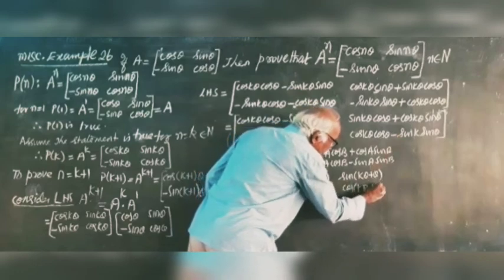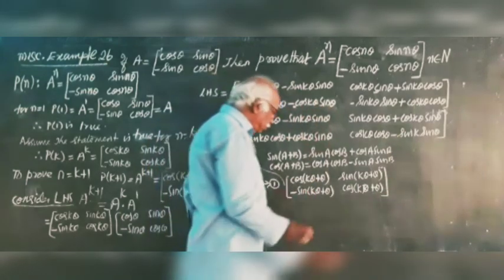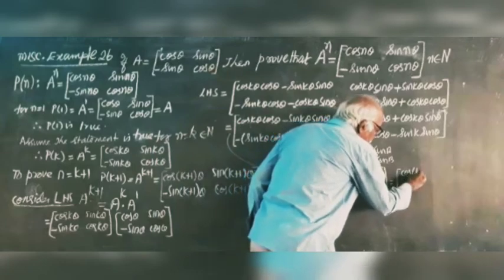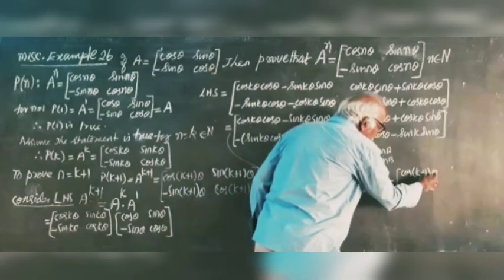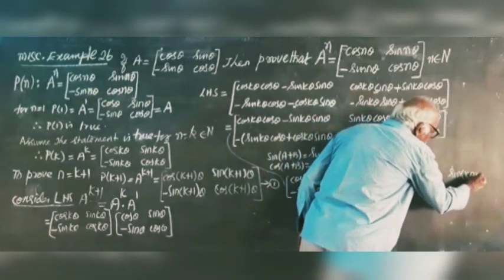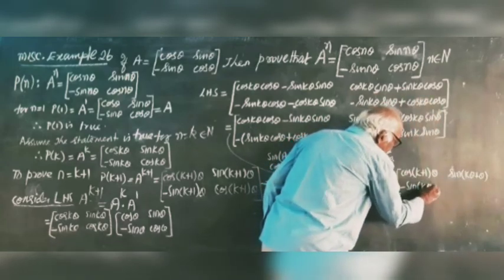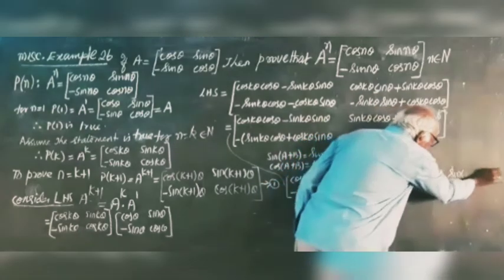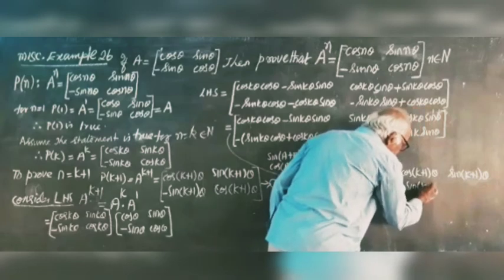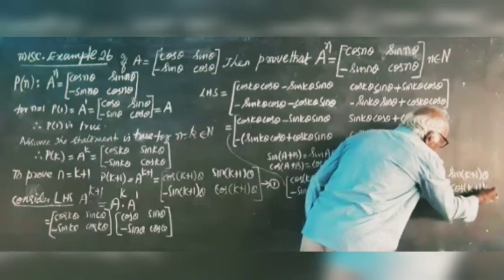In this k theta plus theta we can take theta common. We take theta common, that is cos of k plus 1 into theta, sin of k plus 1 into theta, minus sin of k plus 1 into theta, cos of k plus 1 into theta.